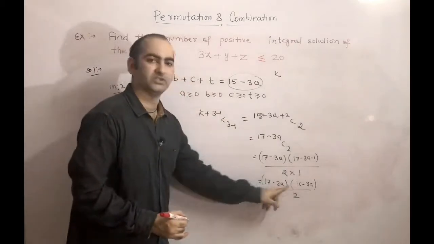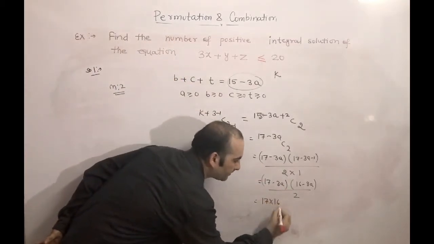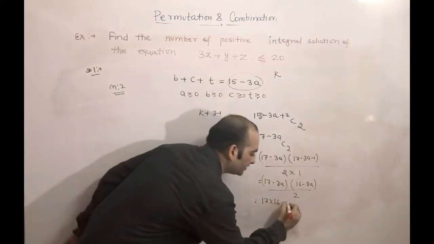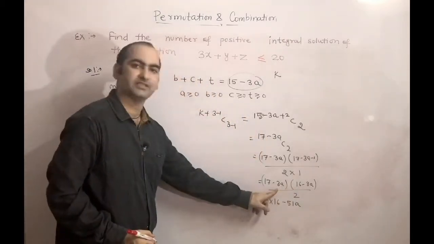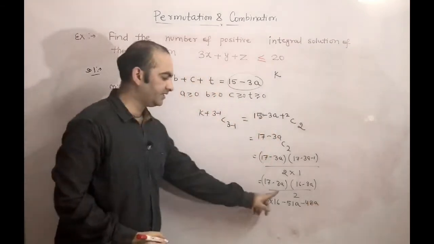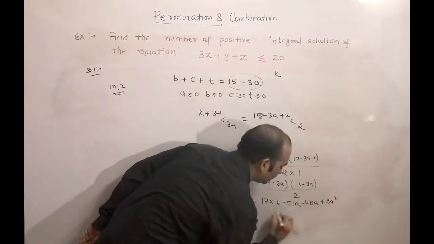Now we have to multiply these two. So what will come? 17 into 16. Okay, 17 into minus 3A gives minus 51a, minus 16 into 3a gives minus 48a, and minus 3a into minus 3a gives plus 9a square, divided by 2.